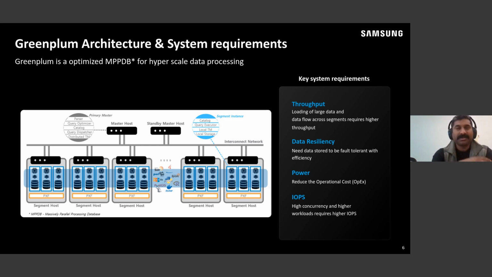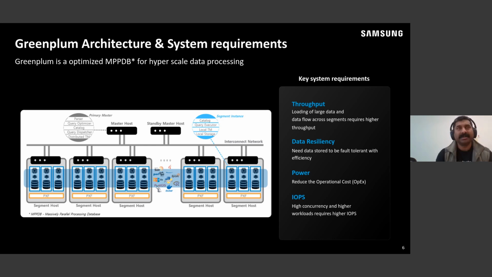What we have observed is that it starts with the data loading itself. Once you have very large data, the master host picks up that data and starts distributing it across all the hosts, and it's all a heavy data write operation. So loading is going to be really a throughput sensitive operation. We could understand that.